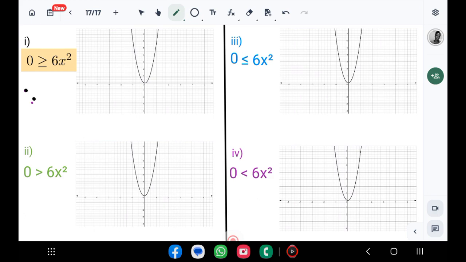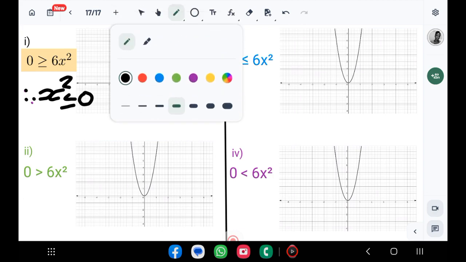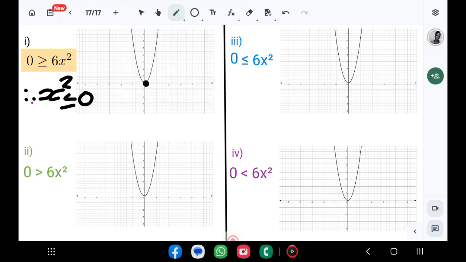This is the scenario here. When is x squared less than or equal to 0? It's only 0 here. There is no way it is less than that.